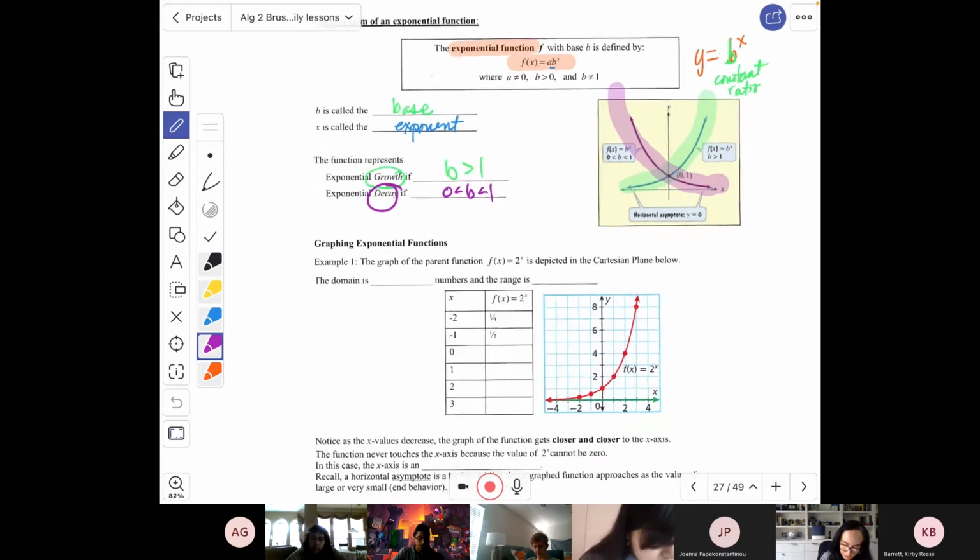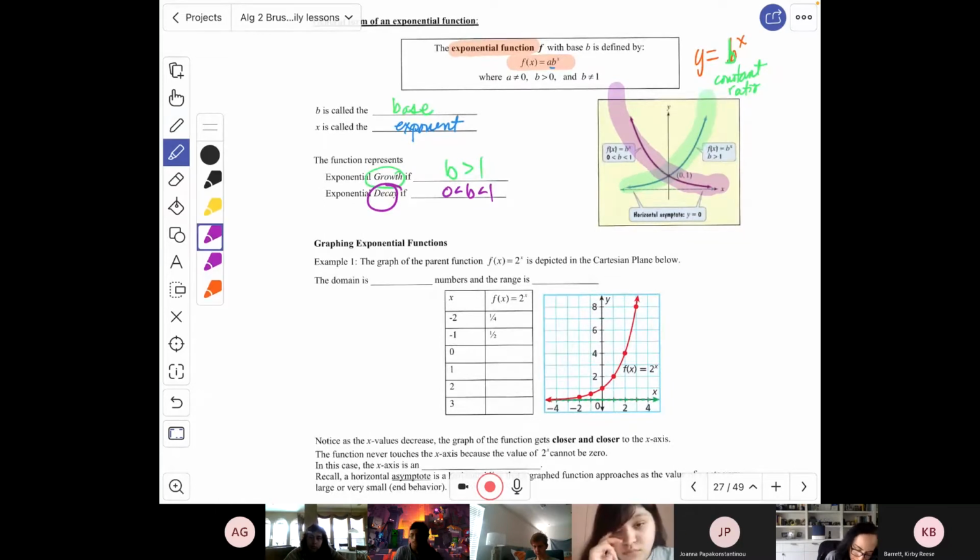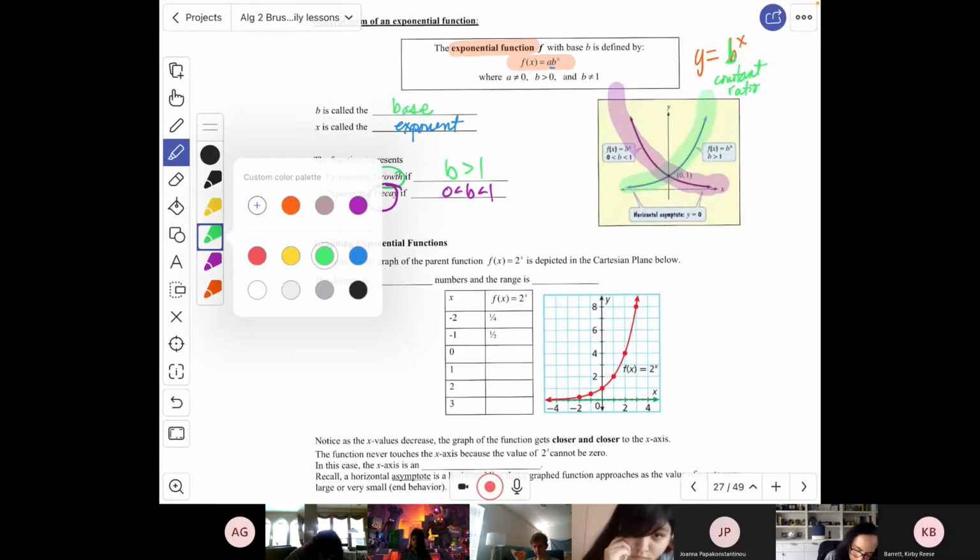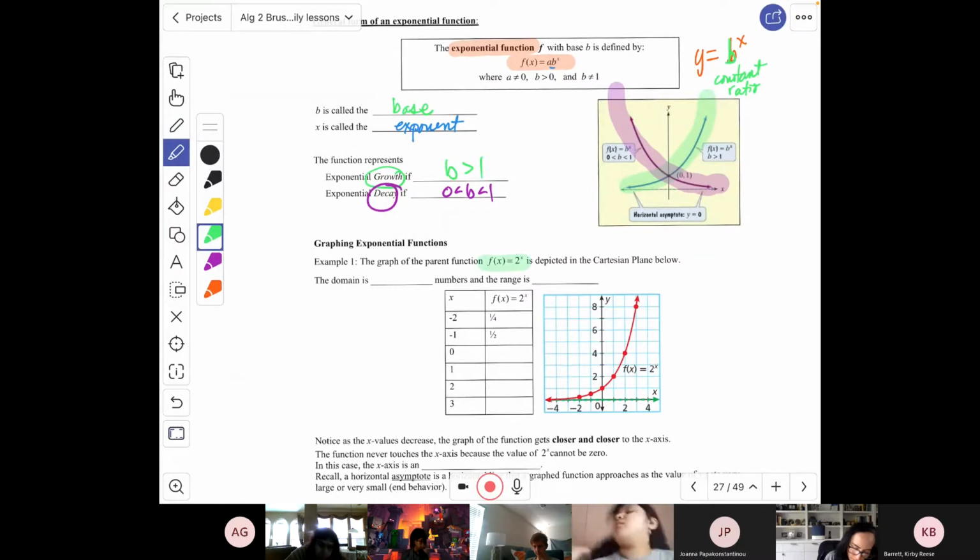So here we have the graph of a parent exponential function. So here is a nice parent exponential function. Is it growth or decay? Is this parent exponential function representative of exponential growth or decay?